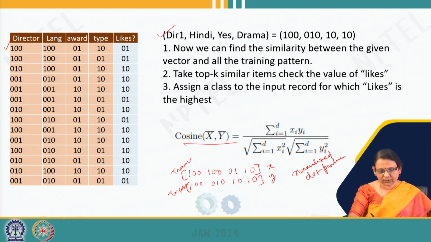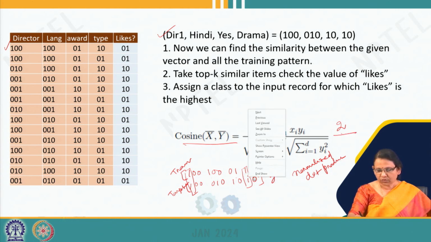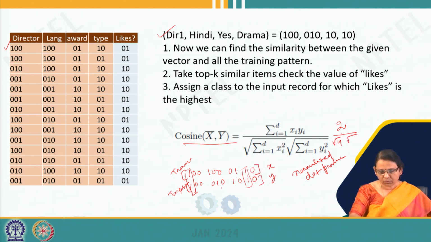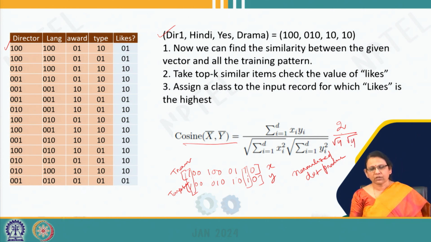How many places do you have 1? These places are matching, both are 1, and these places are matching, both are 1. So, basically you will have 2 here, and below, how many 1s are there? 1, 2, 3, 4. Here also we have 1, 2, 3, 4. So, you will be getting a similarity value.